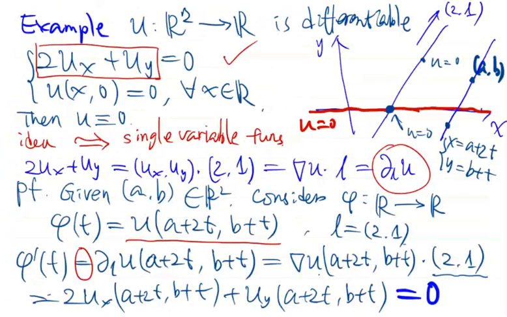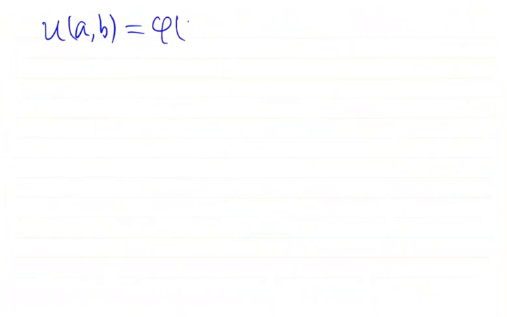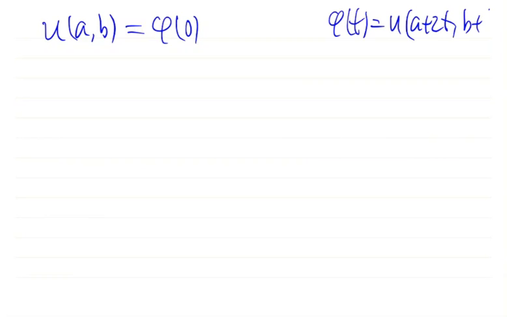Therefore, u(a, b): what is u(a, b)? By the definition of phi, u(a, b) is phi(0). Remember, our phi(t) is u(a plus 2t, b plus t).